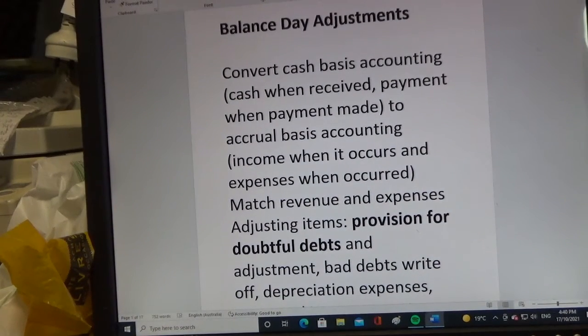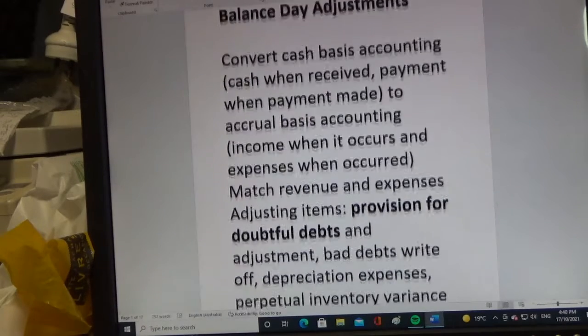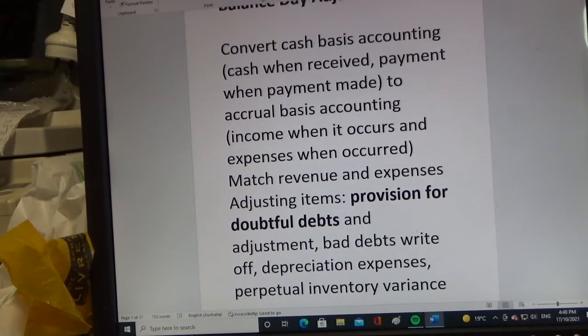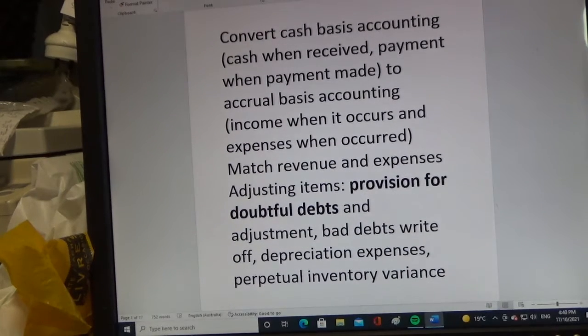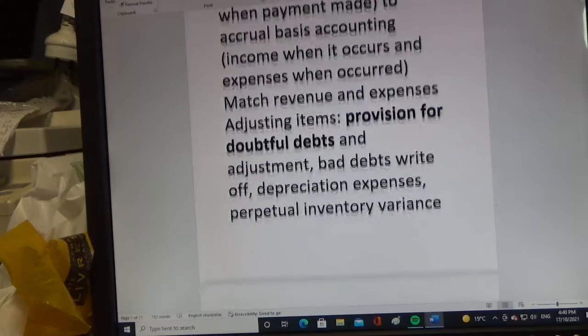So remember, we're working in two periods with balance day adjustment, period 1 and period 2. I already outlined those on the whiteboard. And then if you've got a provision, that's like hard cash, and you've got actual notes and coins in your bank account, is the word provision.